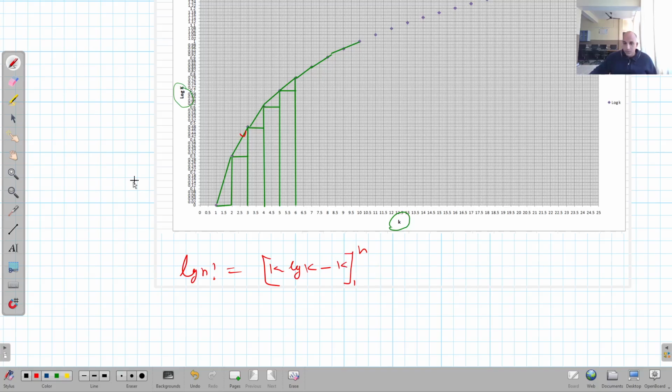Now we are going to put the limits here, so it will become n log n minus n. So this is what is called the Stirling formula: log n factorial is equal to n log n minus n.